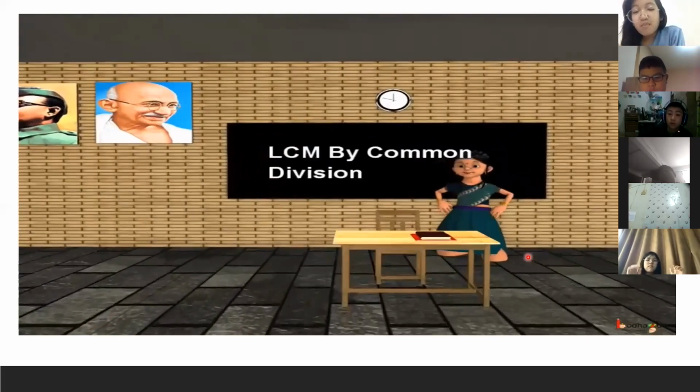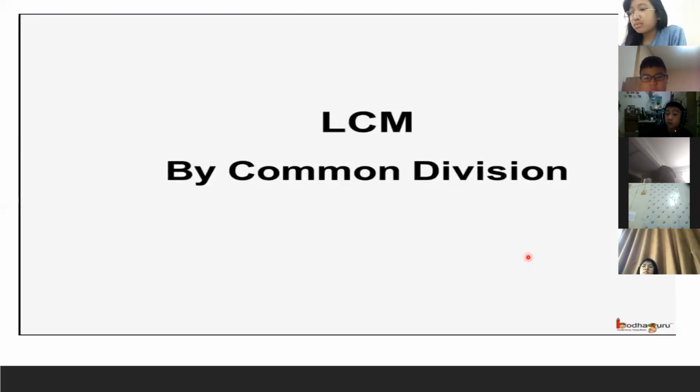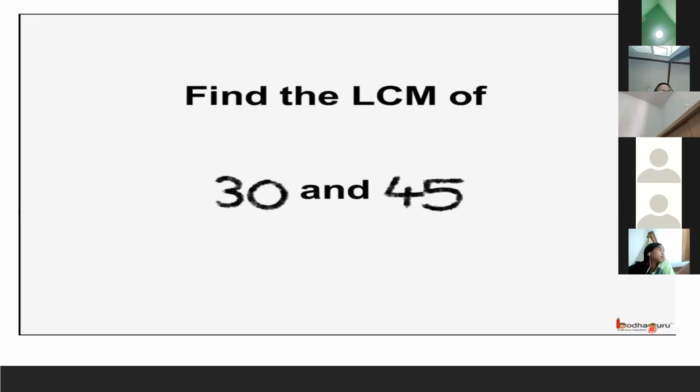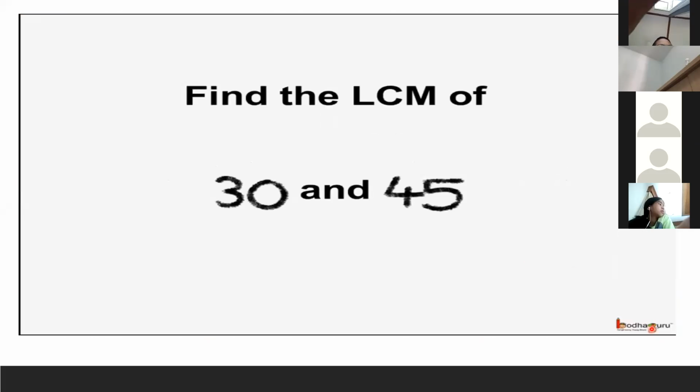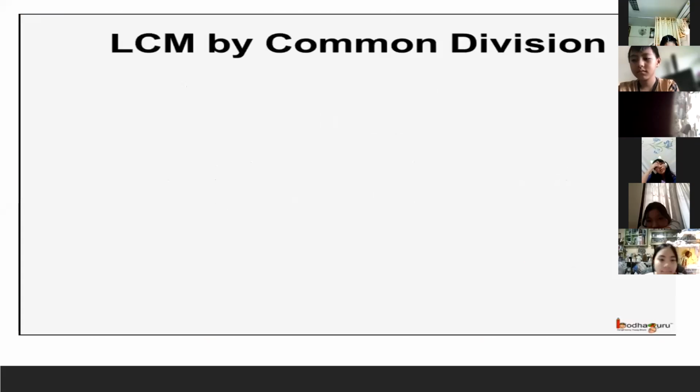Good morning, children. Now you know how to find LCM using the prime factorization method. Let us learn how to find LCM using another method, which is by common division. Let us find the LCM of 30 and 45 using the common division method.